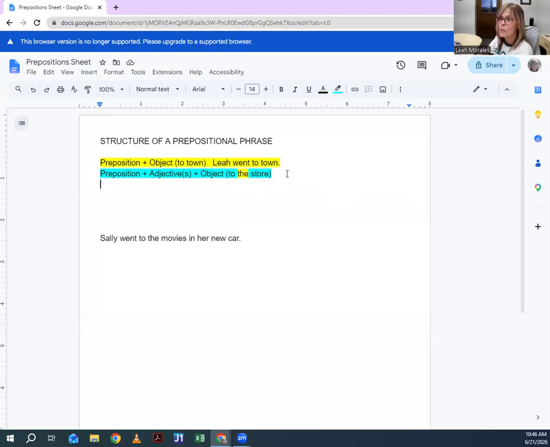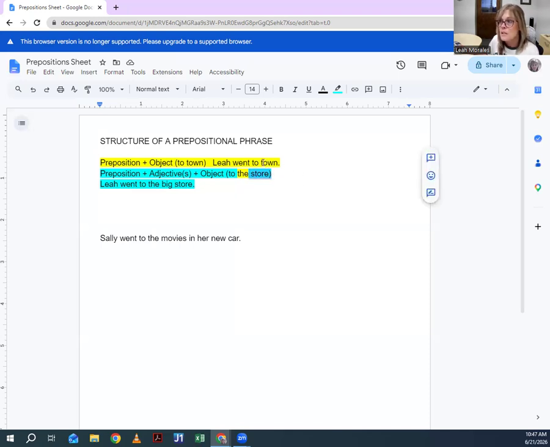So a sentence would be Leah went, almost the same, to the store. It functions the same. You could also say went to the big store. That's just got two adjectives. It is still a prepositional phrase that is formulated in the same way, preposition plus adjective plus object, okay?